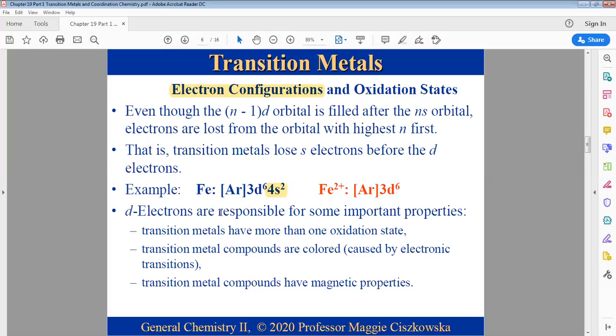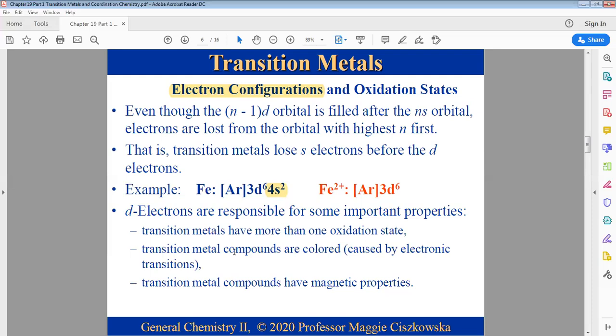The fact that we have d electrons is responsible for some important properties. Transition metals have more than one oxidation state. Transition metal compounds will be characterized by different colors because we will have some electronic transitions there.